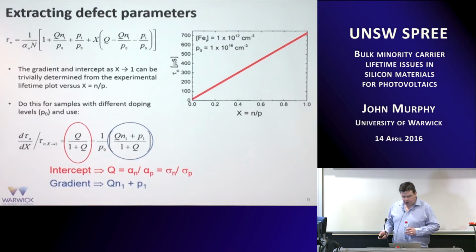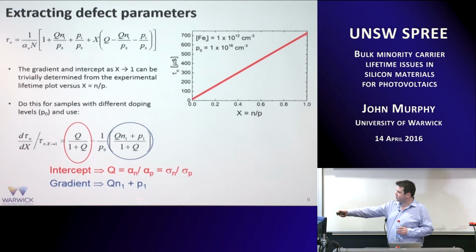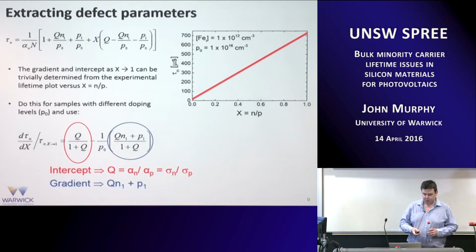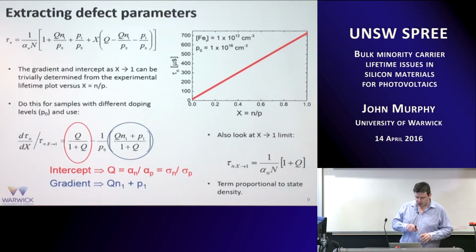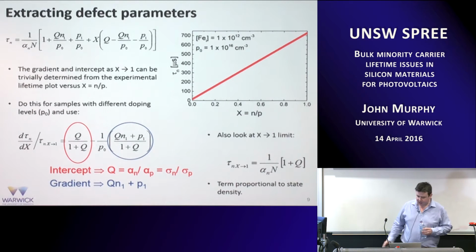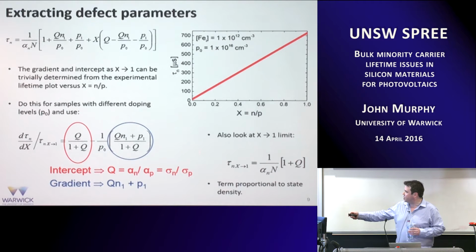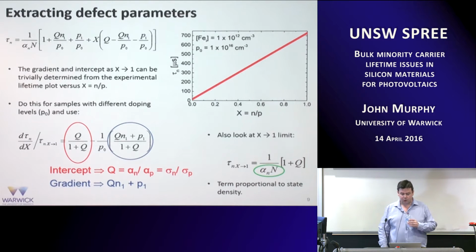And from a plot of these really simple to extract numbers from a lifetime curve, doing this at different doping levels, you can extract both the ratio of capture cross sections, which we call Q, which is the electron capture cross section to the hole capture cross section, and from the gradient of this plot we can extract information on the energy level. So what we've got here is a way of really easily extracting the physics of a recombination process from lifetime data. You also get from the x tends to 1 limit a term proportional to the state density. This might seem a bit dry, but I'll illustrate its use with an example.